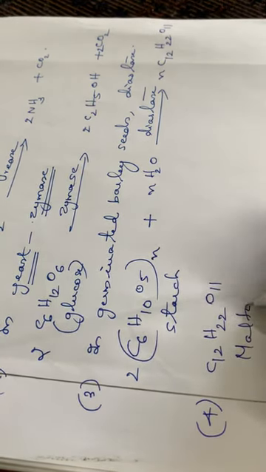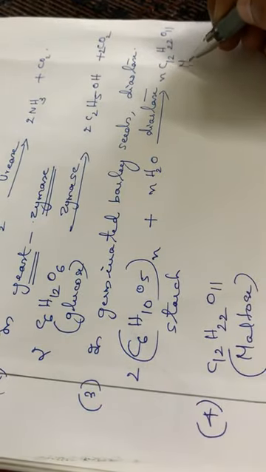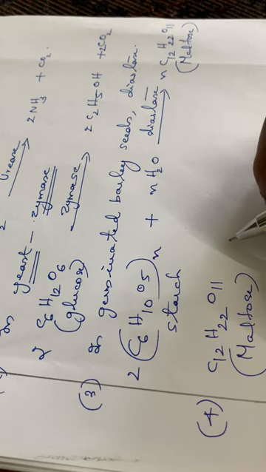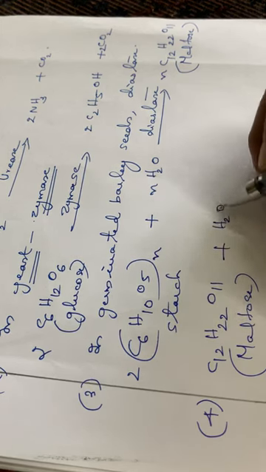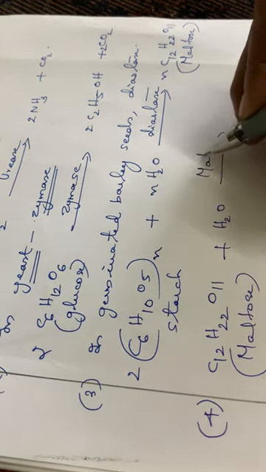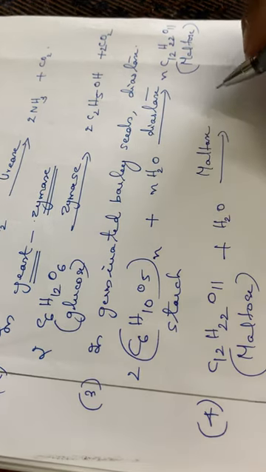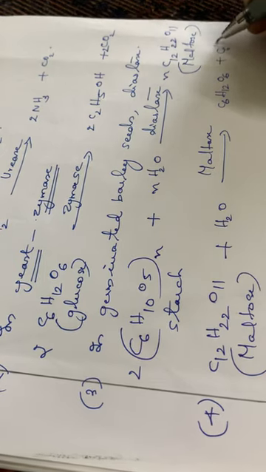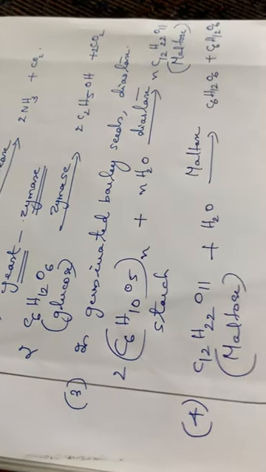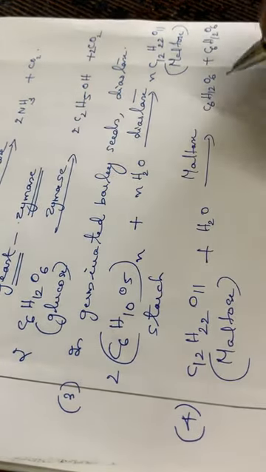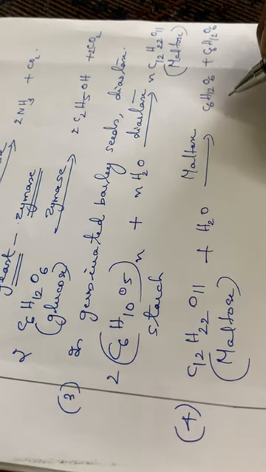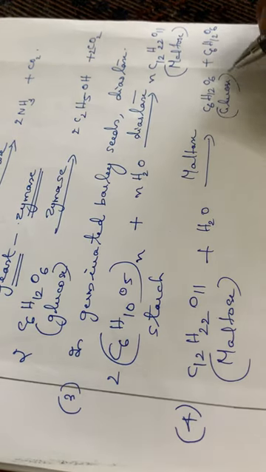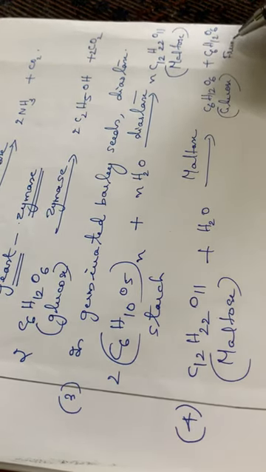On hydrolysis in the presence of the enzyme maltase, this will be converted to C6H12O6 plus C6H12O6. What is the purpose of writing these two molecules? The molecular formula is the same, but the structural formula is different for glucose as well as fructose. So one is glucose and the other is fructose.